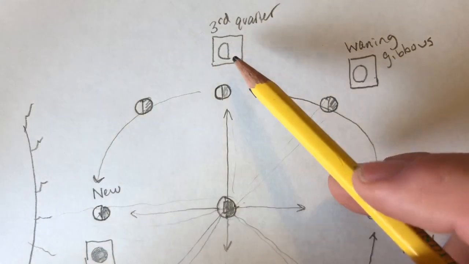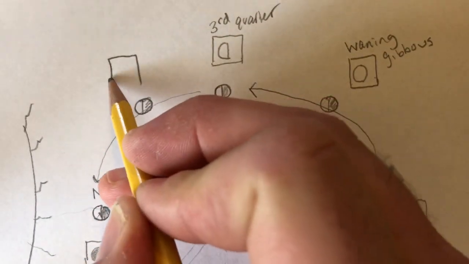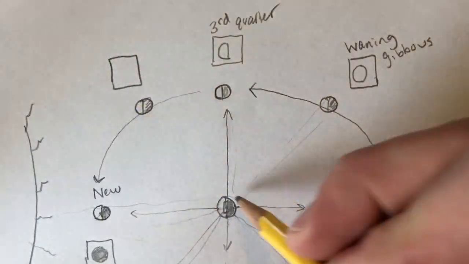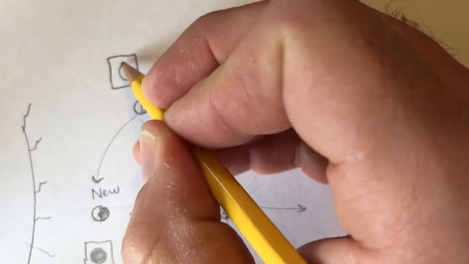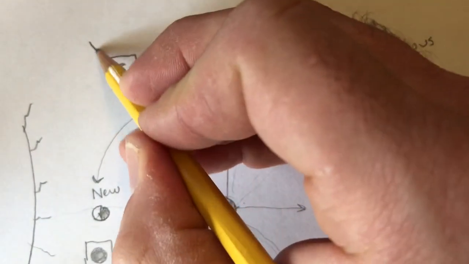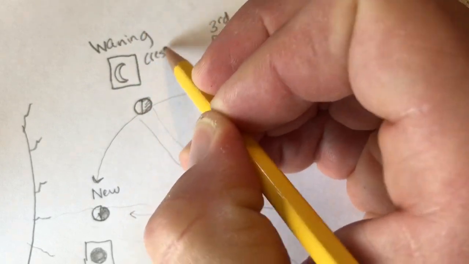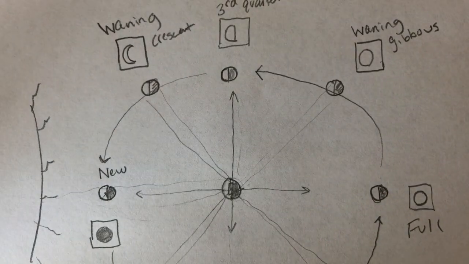Third quarter, we see much less. And the last stage before back to that new moon, we're going to see that little sliver of the left side. This is called, you guessed it, a waning crescent. And then back to a new moon.